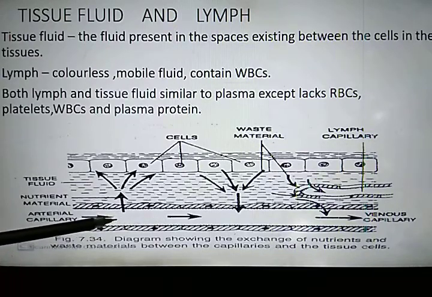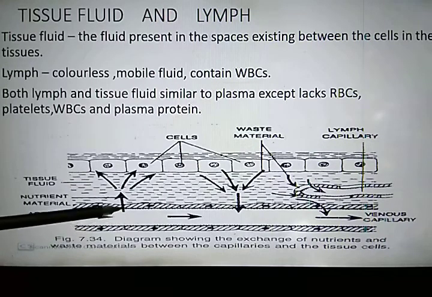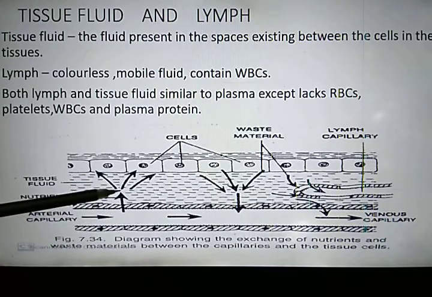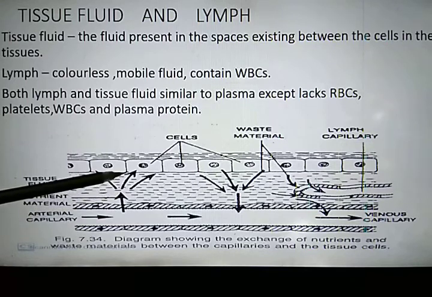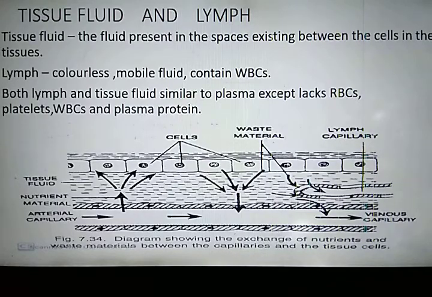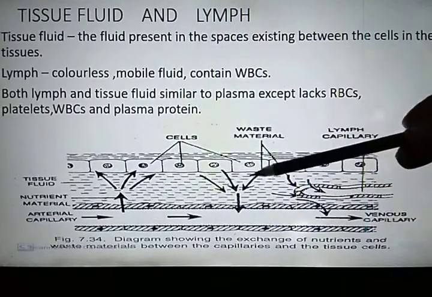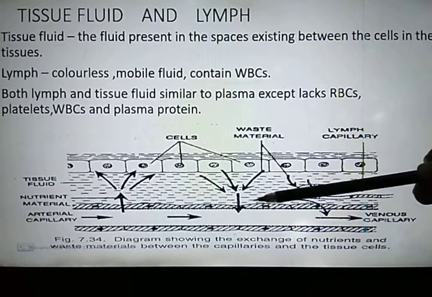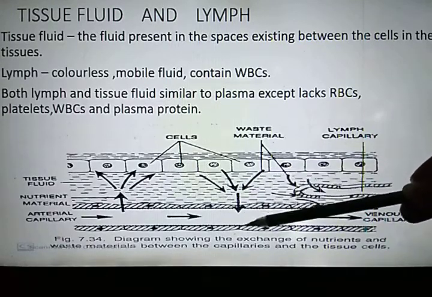They remain in the arterial capillary. All other small molecules come out into the tissue fluid, and from the tissue fluid they enter into the tissue cells.